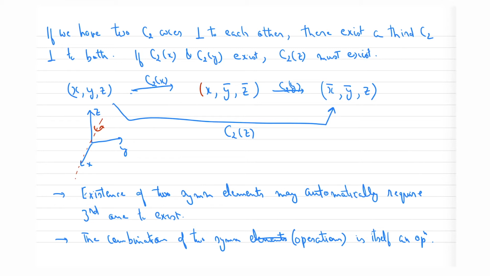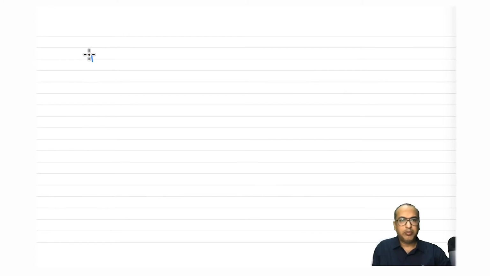The order does matter. We will see that in certain cases it may commute, in certain cases it may not. Let's take an example, BF3, with fluorines labelled 1, 2, 3. We know that there is a C3 axis here, passing through B and lying perpendicular to the plane of this board.